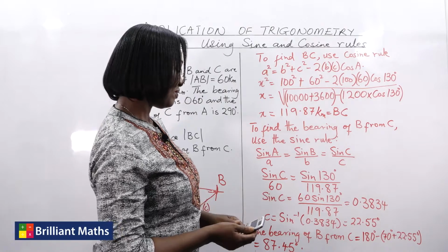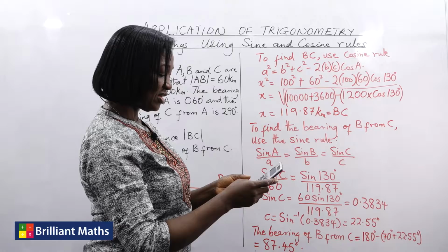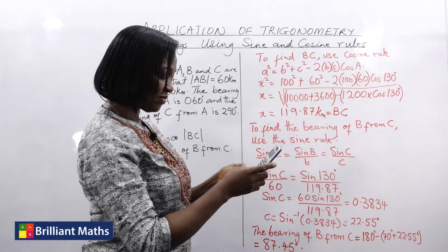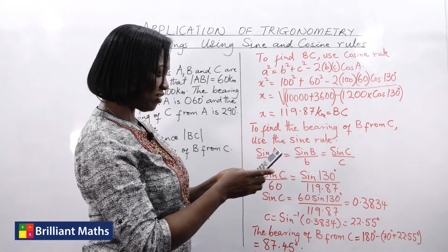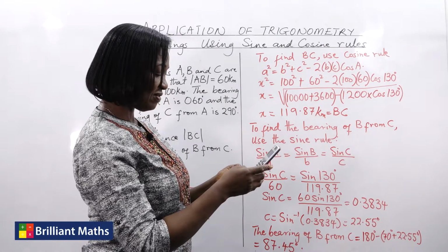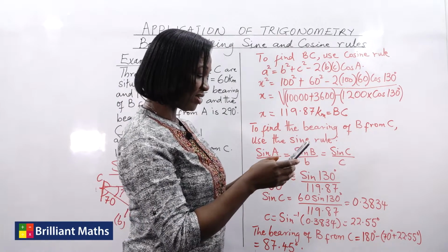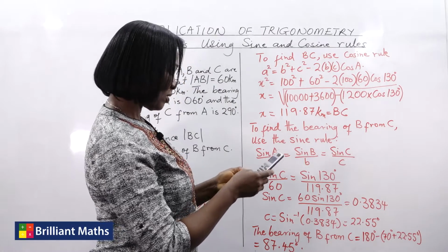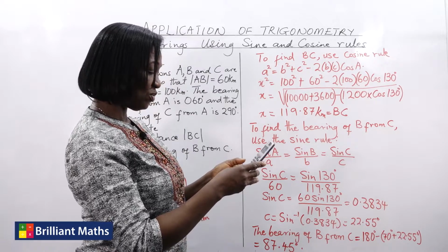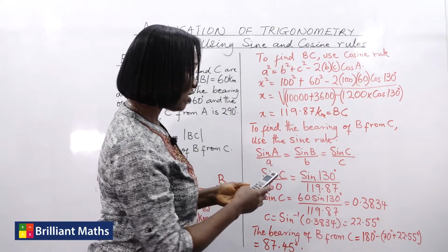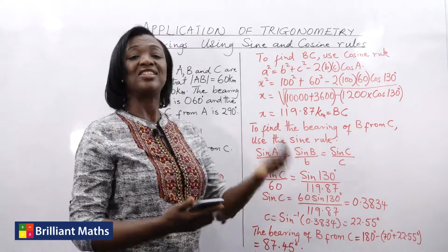So sine C is equal to 60 times sine 130 degrees, and then divided by 119.87, which is 0.3834.